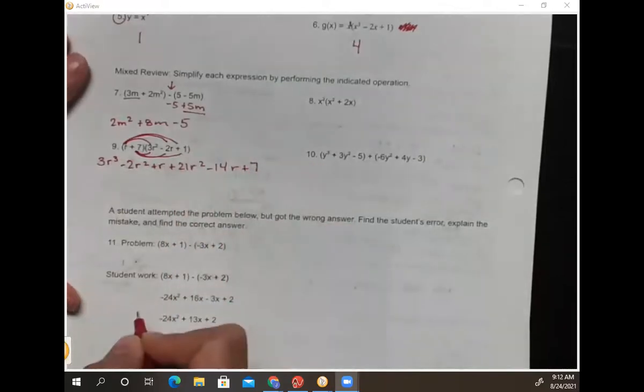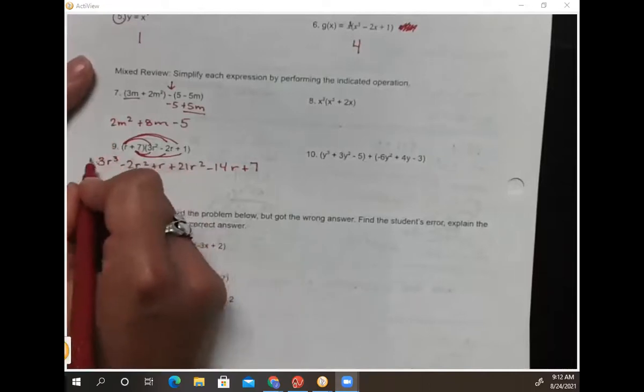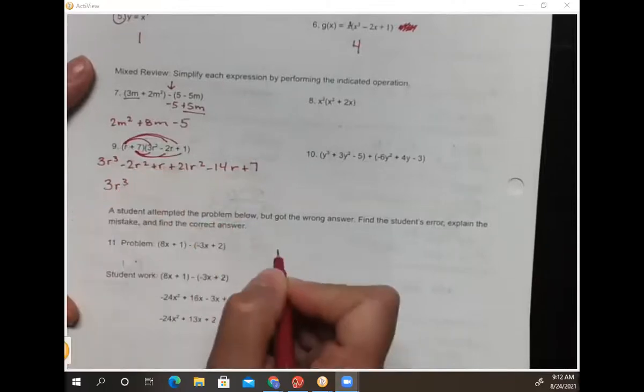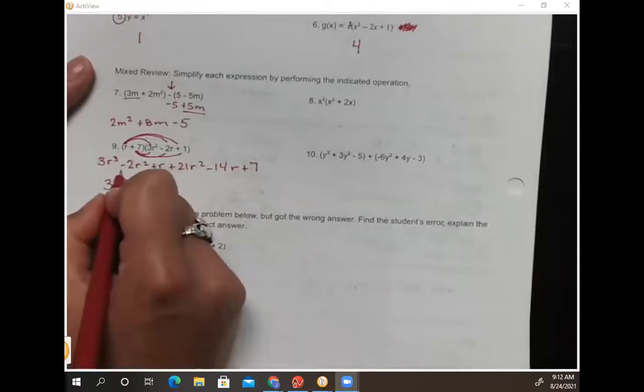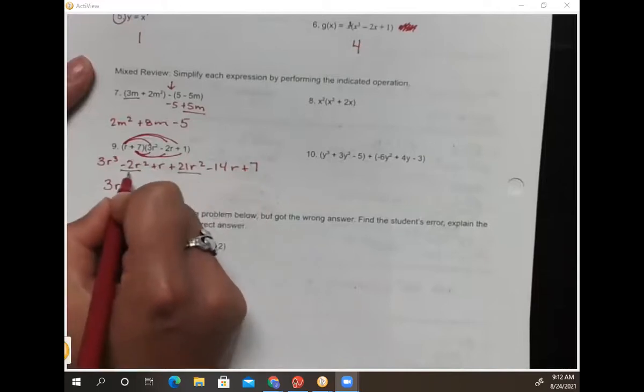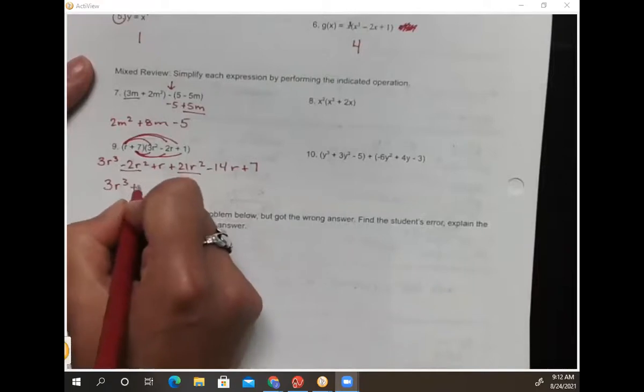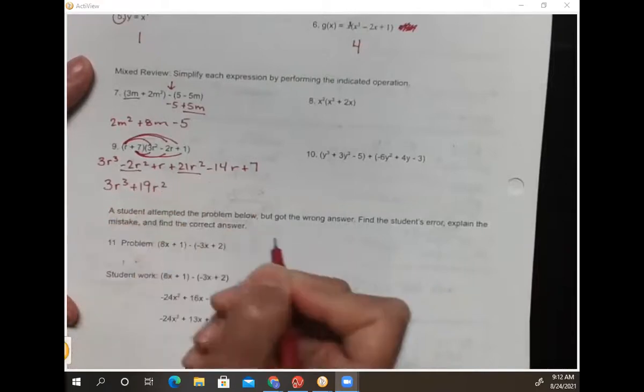And then my final step here is to combine like terms, and I want to put this into standard form. So my term with the biggest exponent, r cubed, goes first. It's my only r cubed term. Then I've got r squared, so negative 2r squared plus 21r squared would be 19r squared, so plus 19r squared.